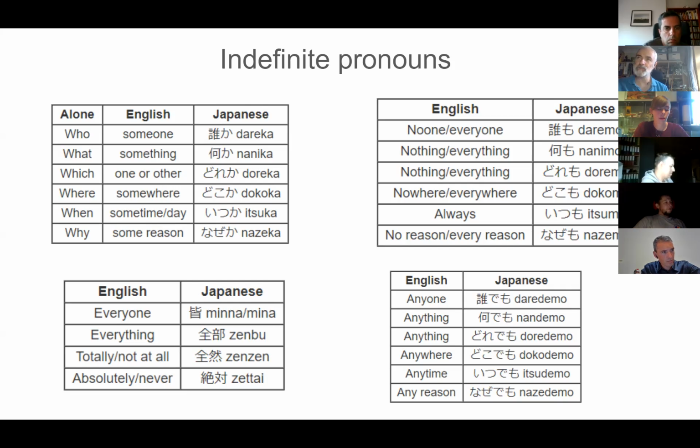You absolutely will do something or you absolutely won't. Zenzen dewa arimasen means absolutely not, does it? If you want to say that's absolutely not the case, then this would be zenzen so dewa arimasen. Thank you.